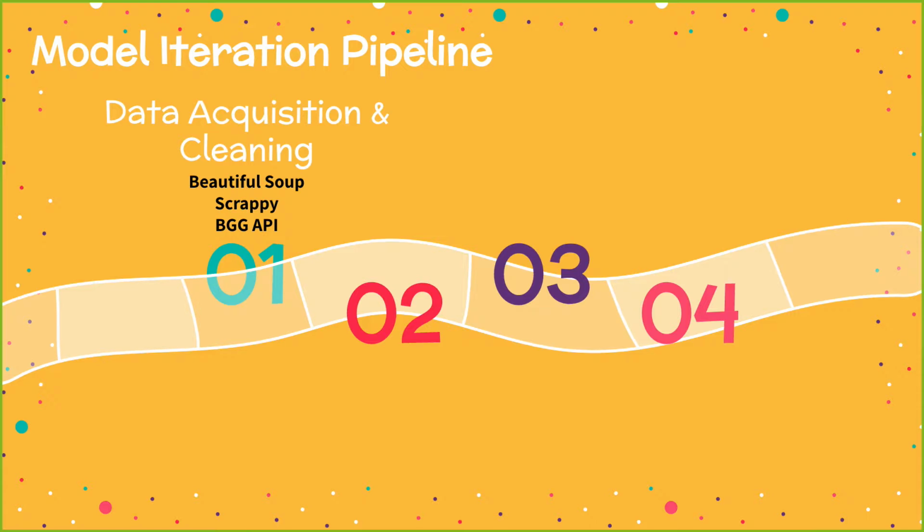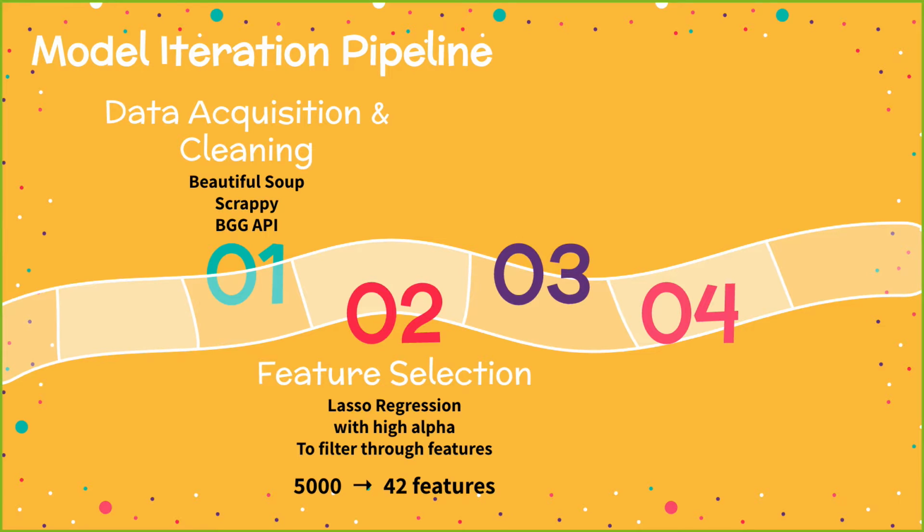I used Beautiful Soup to parse the HTML data, used Scrapy to send web crawlers to various websites to gather more data, and then for the additional data, I used the Board Game Geek API to gather everything else. That resulted in a lot of features, upwards of 5,000.